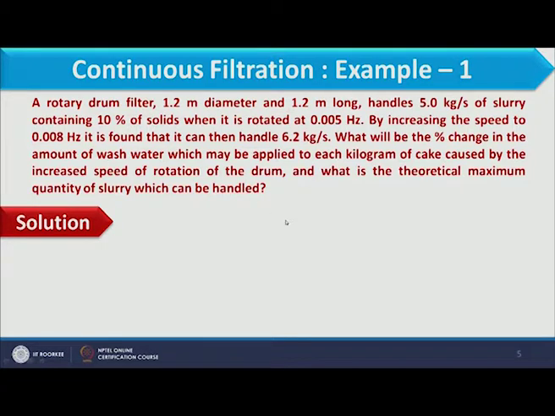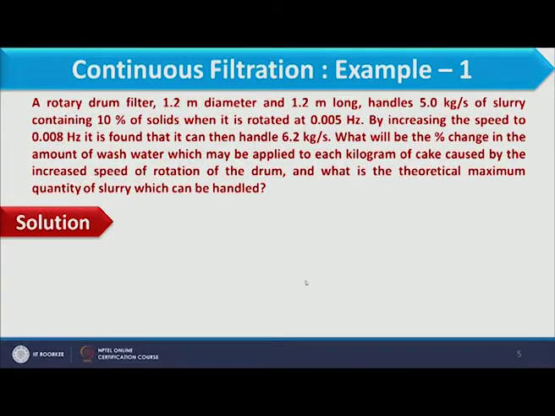So we have to first calculate the rate of washing and then the amount of wash water for case 1, where rotation is 0.005, and for case 2, where rotation is 0.008, and then we compare these two amounts to calculate the percent change. So here we have the solution for this problem.